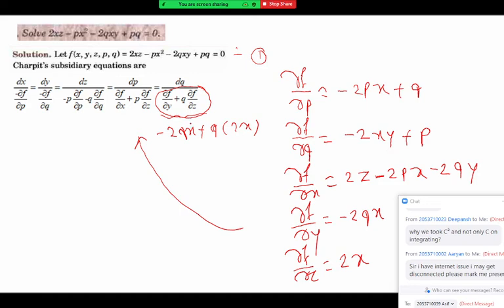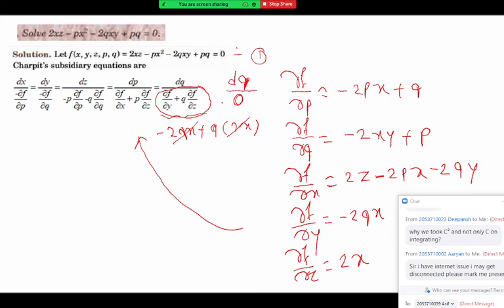Yes, I have shown here. It cancels. What is that term? You will get dq upon 0, is it? Yes or no? Are we getting in the last term dq upon 0?